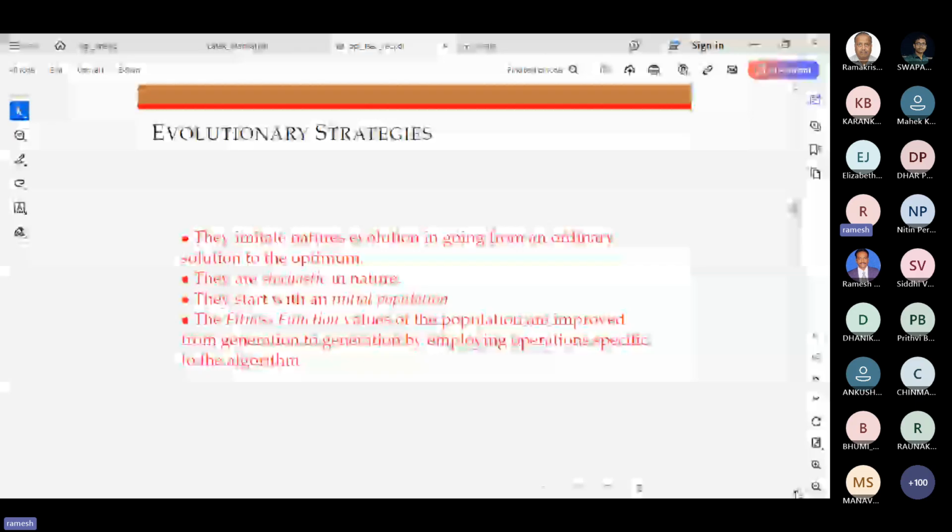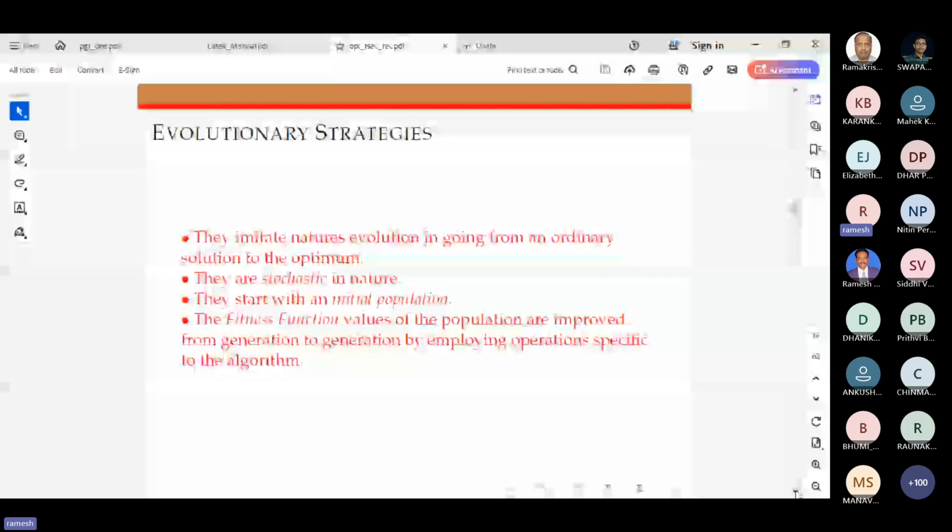Nature does this slowly over a period of time by combining the various available genes and producing the best offspring, so that the optimum will be reached. That is what we mean by stochastic in nature: a probabilistic combination of various available genetic material.